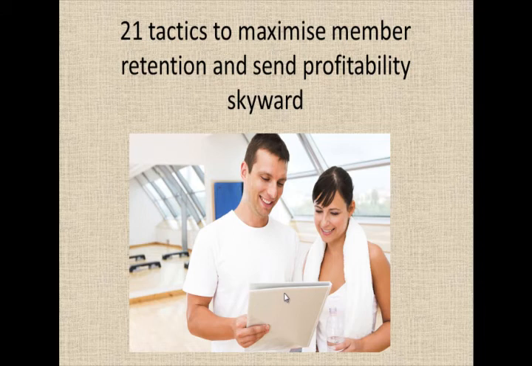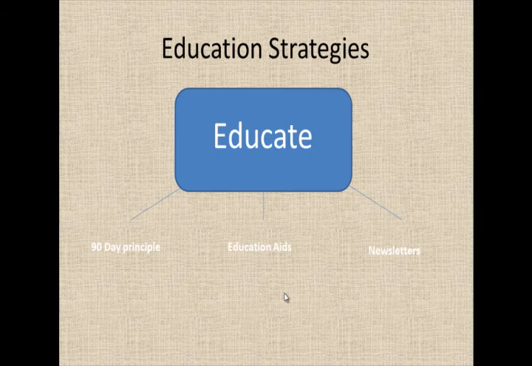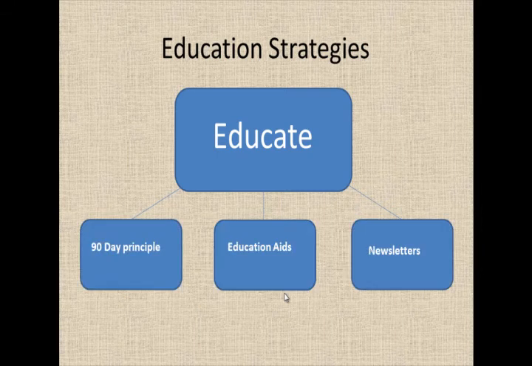So they're our activators, and they form the foundation of the tactics that we'll now discuss. We're going to cover off 21 specific tactics of how to improve your member retention. And these tie into those principles, as you see. For each principle or activator, there'll be 3 tactics relating to that specific activator.